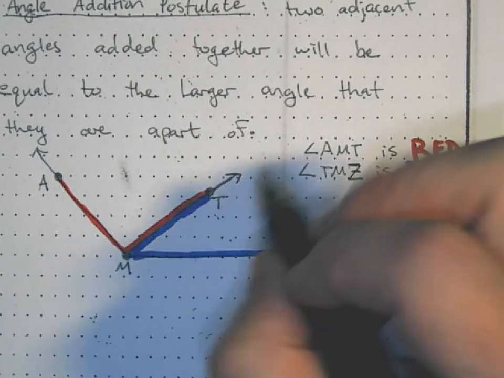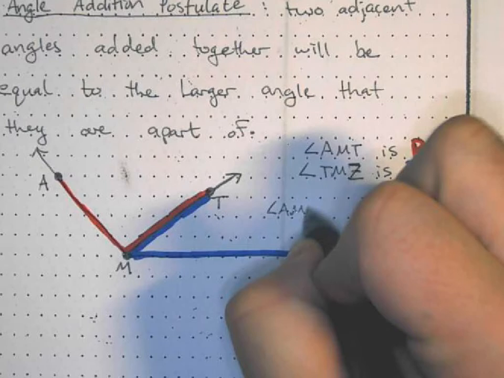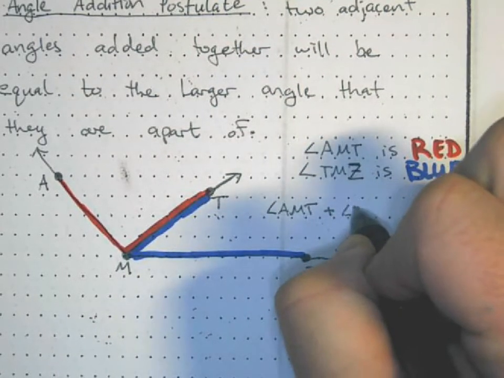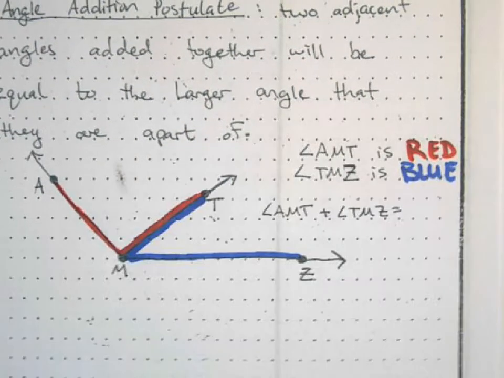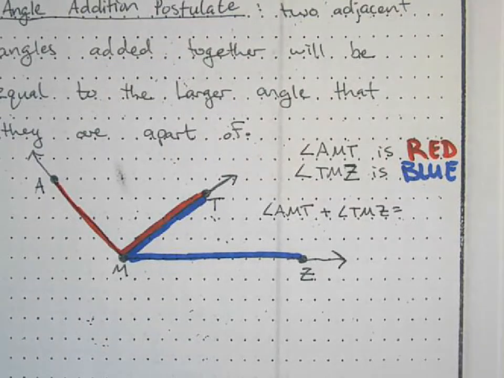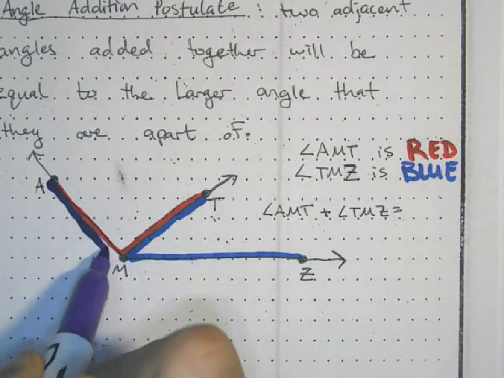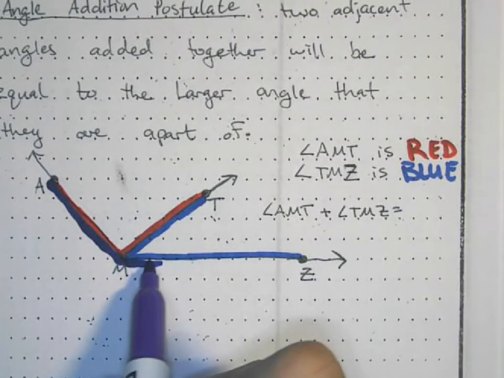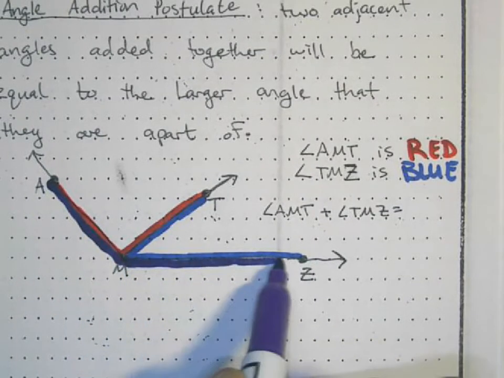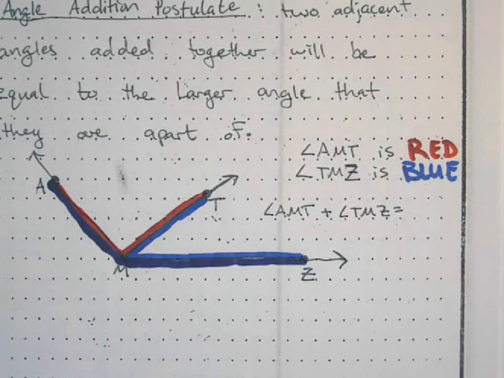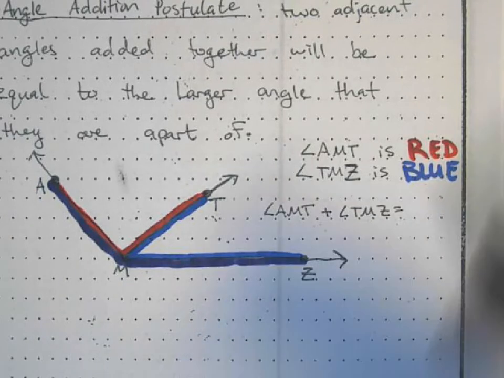So what we're saying is that angle AMT plus angle TMZ equals the whole angle, the one I'm doing in purple. Red plus blue equals purple. So now we have angle AMT plus angle TMZ, the red plus the blue, is going to equal the entire angle AMZ.